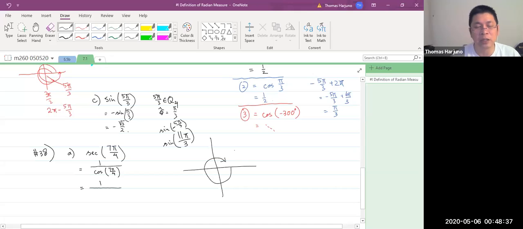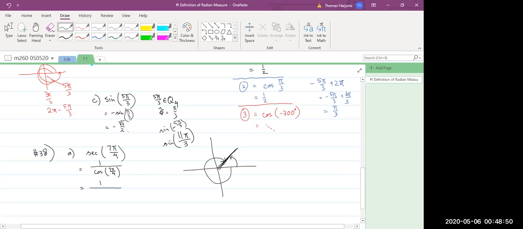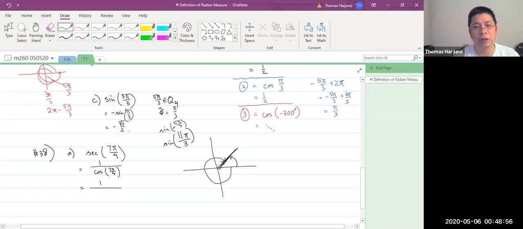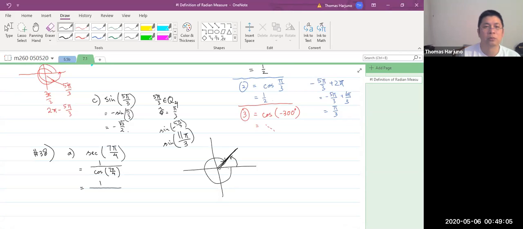So let's say this is the angle. Now this is the terminal side. That terminal side corresponds to the same angle here. Okay, that's what we meant by coterminal. These two angles are coterminal, meaning they share the same terminal side. If they are coterminal, then all the trig functions have the same value.